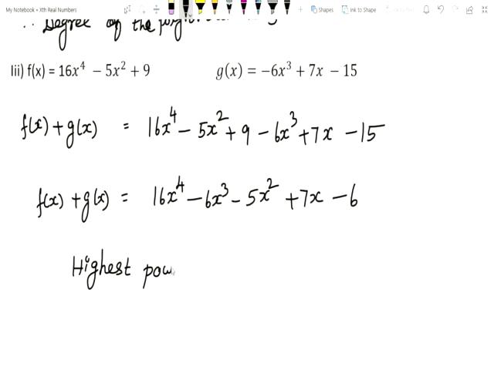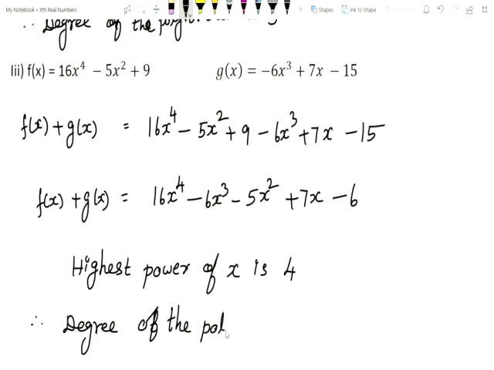The highest power of x is 4. Therefore the degree of the polynomial is 4. You understand, children?